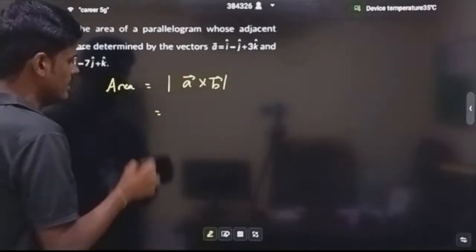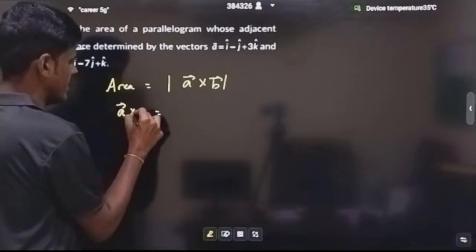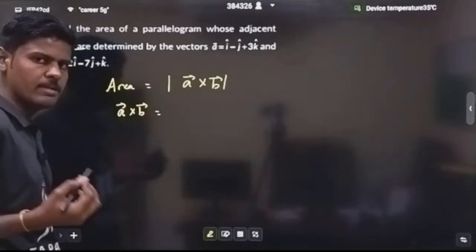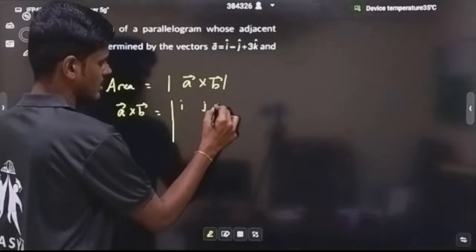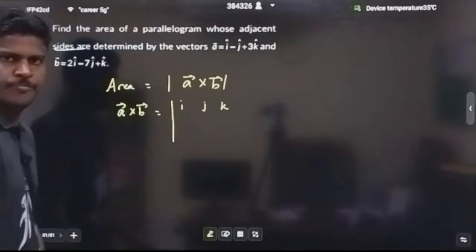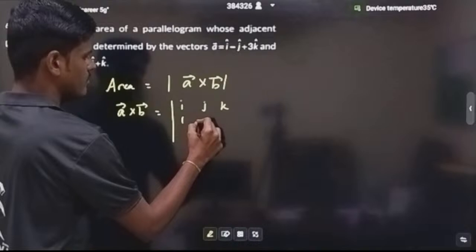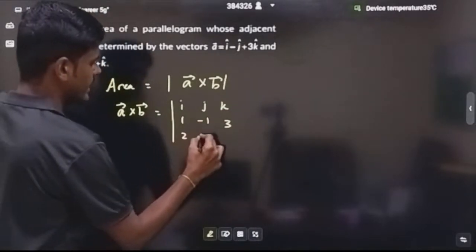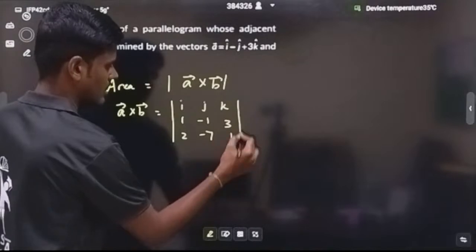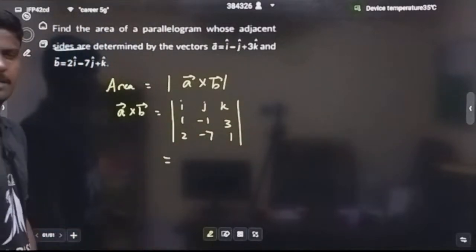First we have to find A cross B and then take the modulus. A cross B is given by the determinant of i, j, k; A vector is 1, minus 1, 3 and B vector is 2, minus 7, 1. Now what is the value of this?